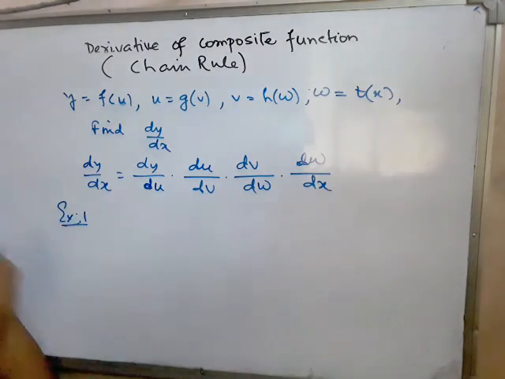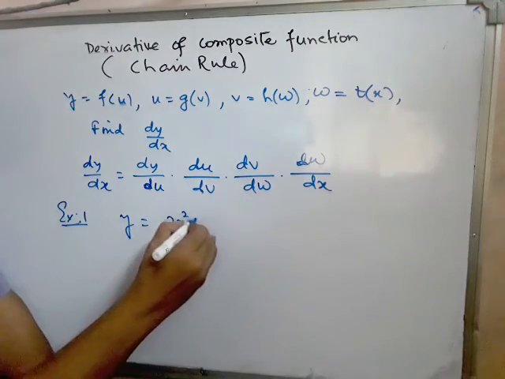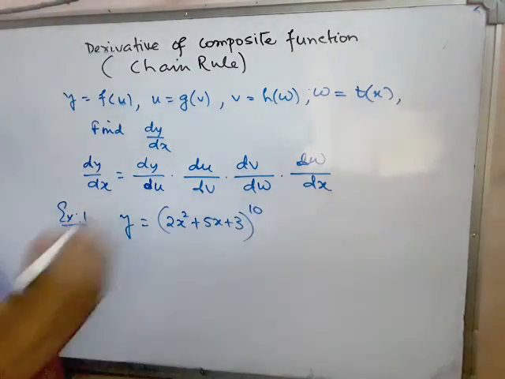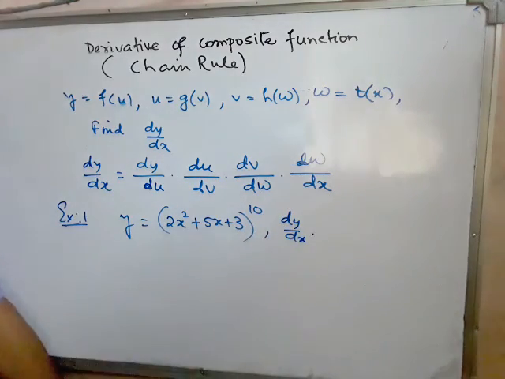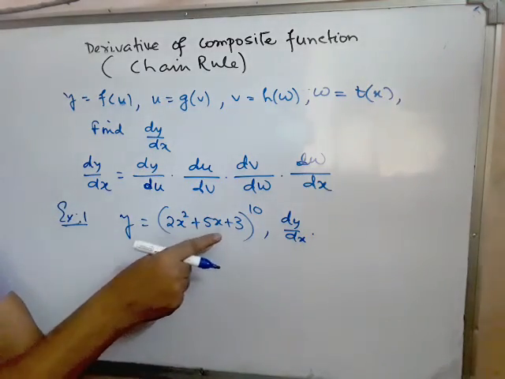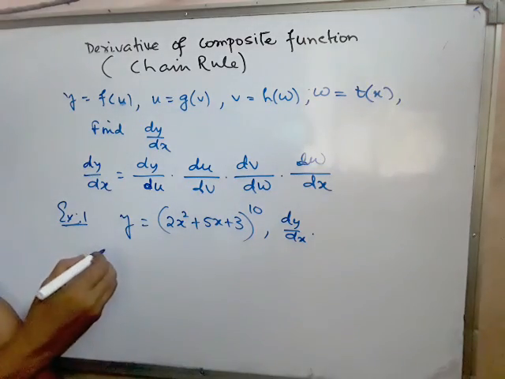So example 1. y equal to (2x square plus 5x plus 3) whole to the power 10. Find dy by dx. So here y is a function of x, but it has power 10. So initially what to take?